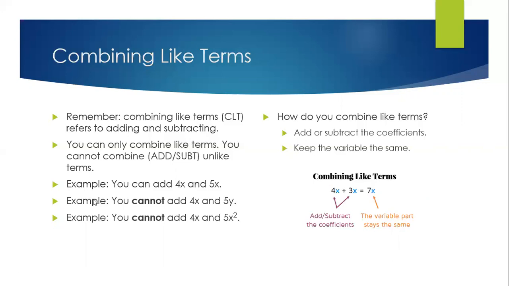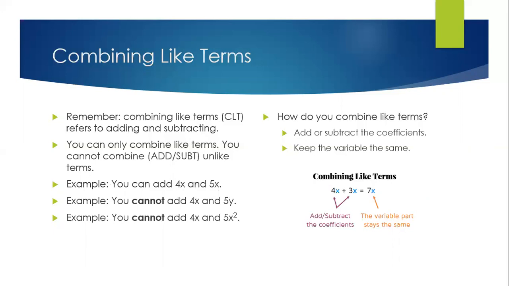All right. So for example, you can add 4x and 5x. So if I have 4x and 5x, I can make that into 9x. If I have 4x and 5y, I can't put that together. They are just separate things. They're completely separate and will be separate. I can't add 4x and 5y. I have 4x and 5x squared.